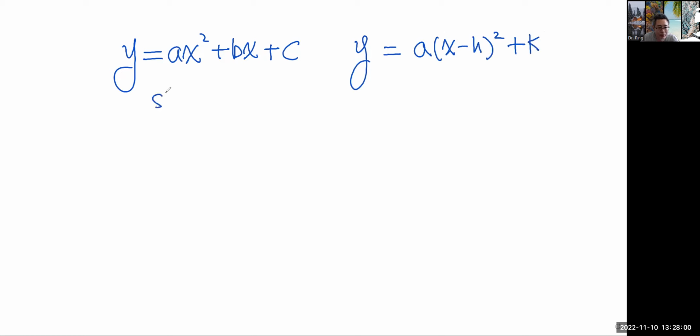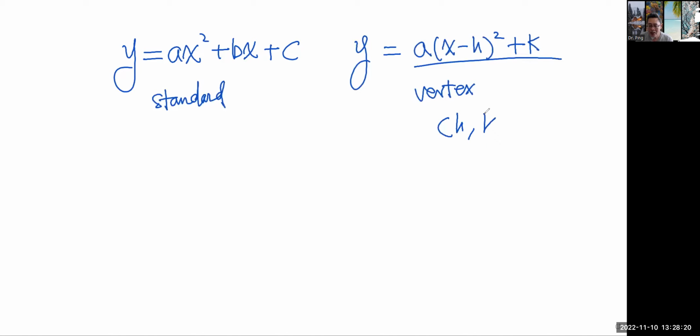Now, this form is called standard form, and this is called vertex form. The reason we call it vertex form is obvious, because this gives us the vertex point. The vertex point will be (h, k).